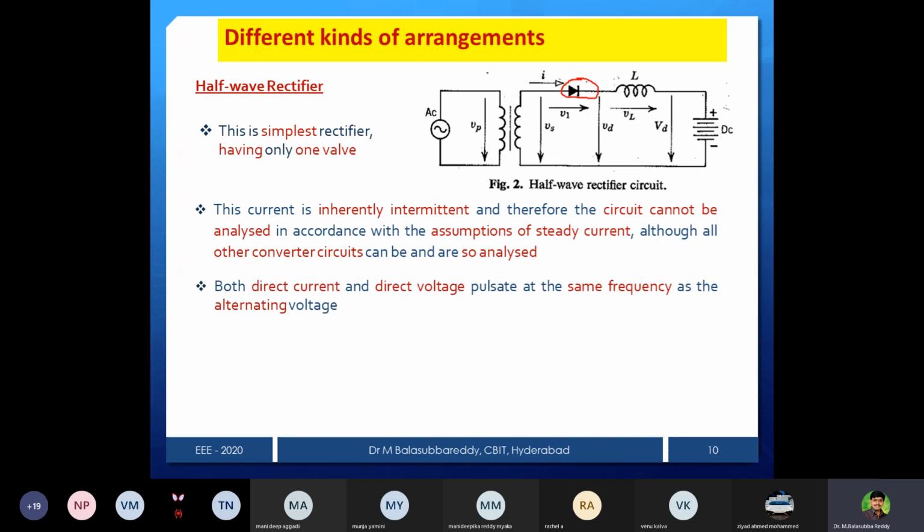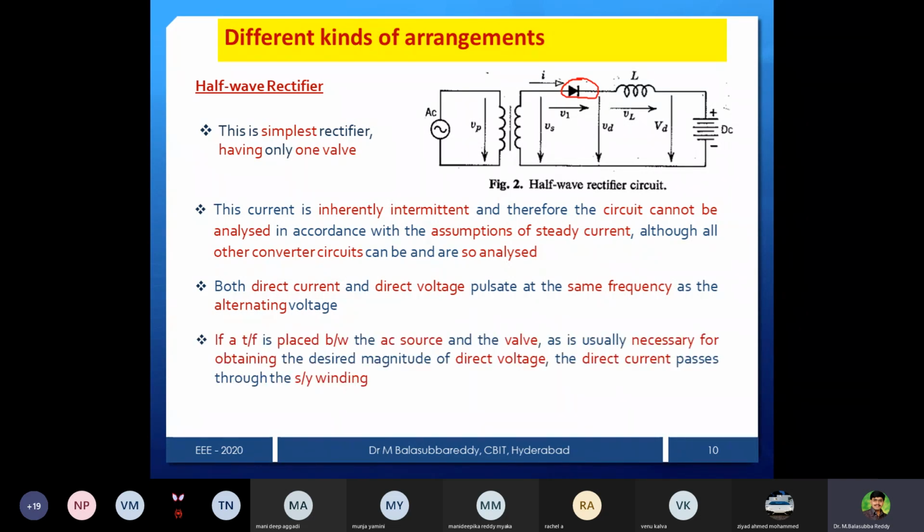Both the direct current and direct voltage pulsate at the same frequency as the alternating voltage. So this is normal. If a transformer is placed between the AC source and the valve, it is usually necessary for obtaining the desired magnitude of direct voltage. Direct current passes through the secondary winding.